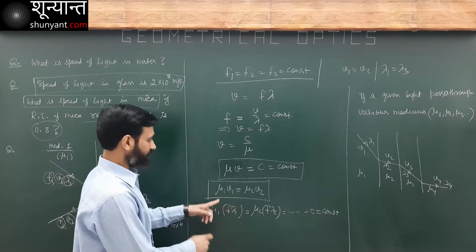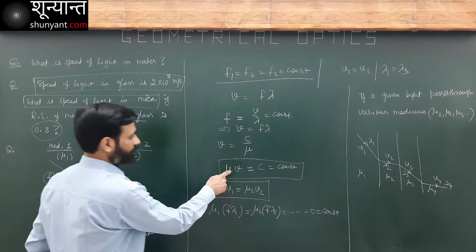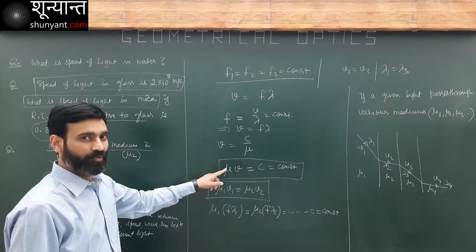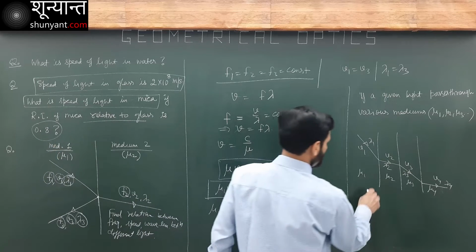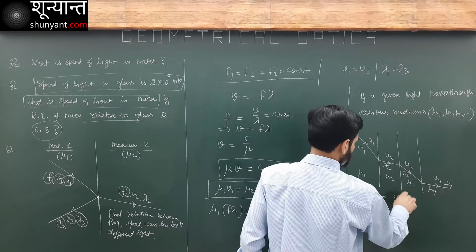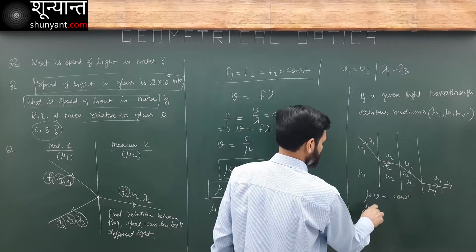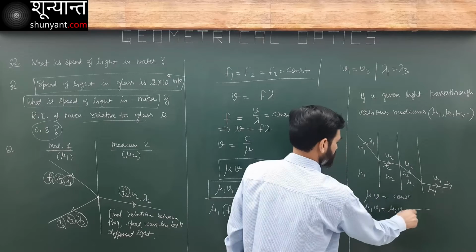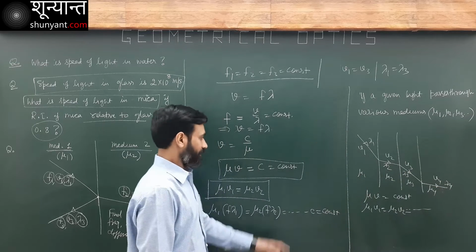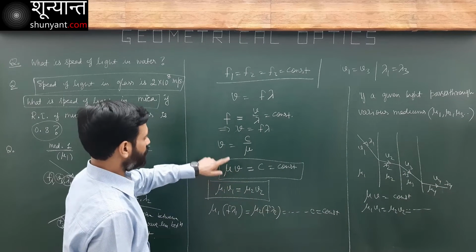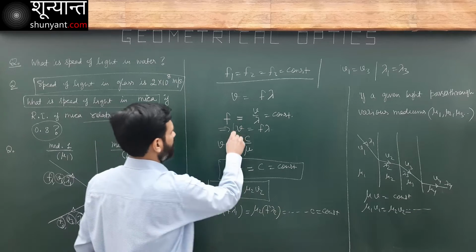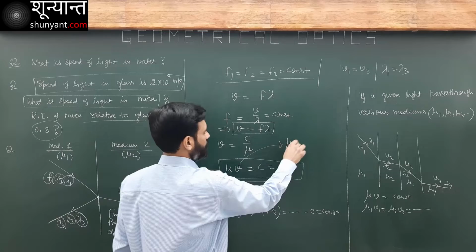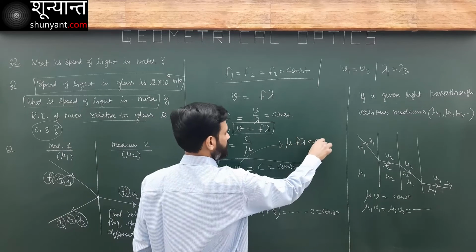What is this relation? Mu V is constant. That means mu1 V1 is mu2 V2 is equal to this. Now from here, what is V? V is F lambda. Here I can write mu F lambda is constant.